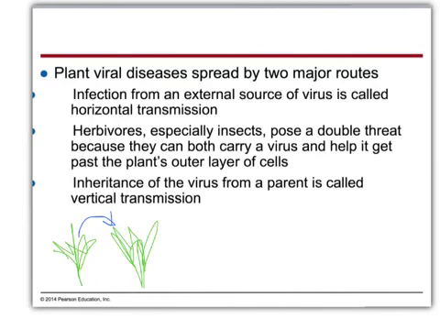And then you have vertical transmission, where this plant that's infected produces seeds, which then lead to another plant that is infected with virus. That's vertical transmission. So some are transmitted from one individual to another, that's horizontal, or some are inherited from progeny, that is vertical transmission.